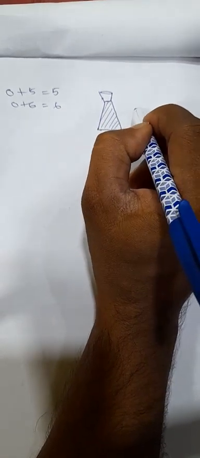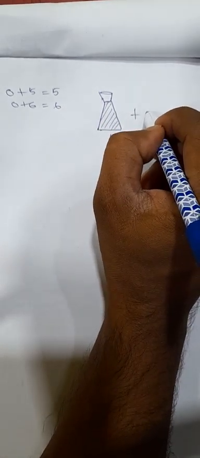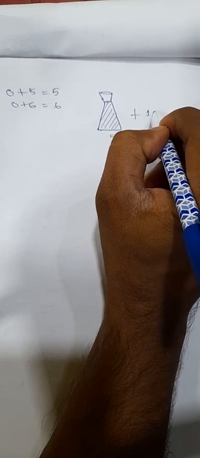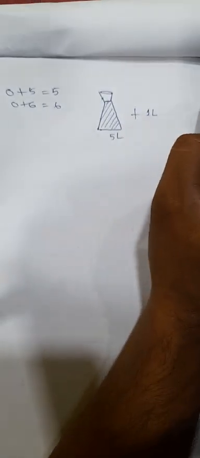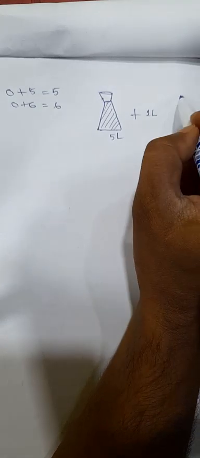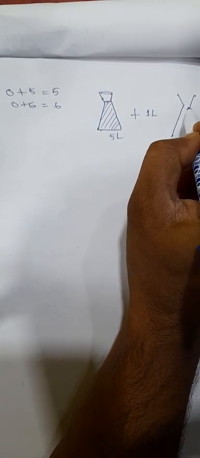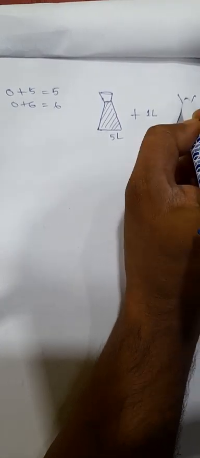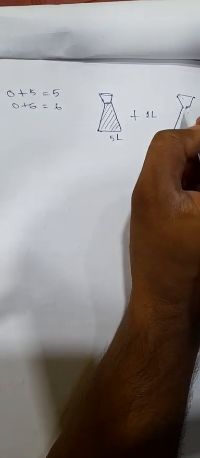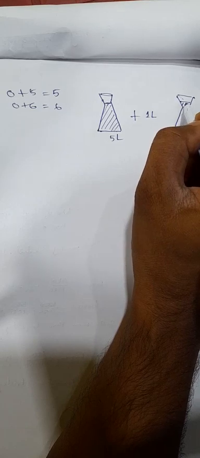Now if you add, say for example, 1 liter of water, then the level of water will go up. You are adding 1 liter of water, so the water level will go up to this level maybe.